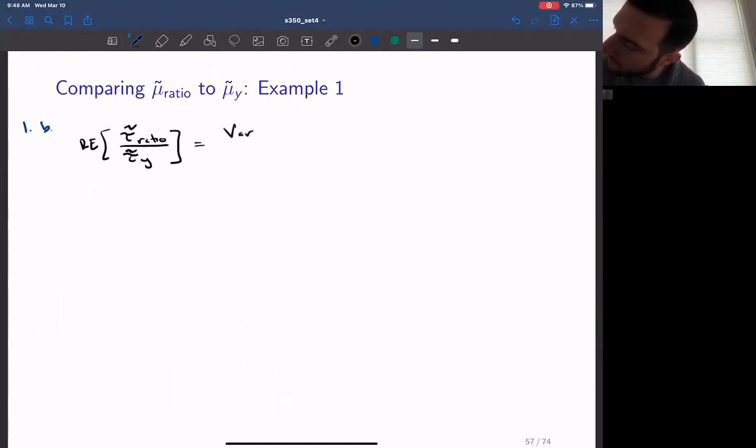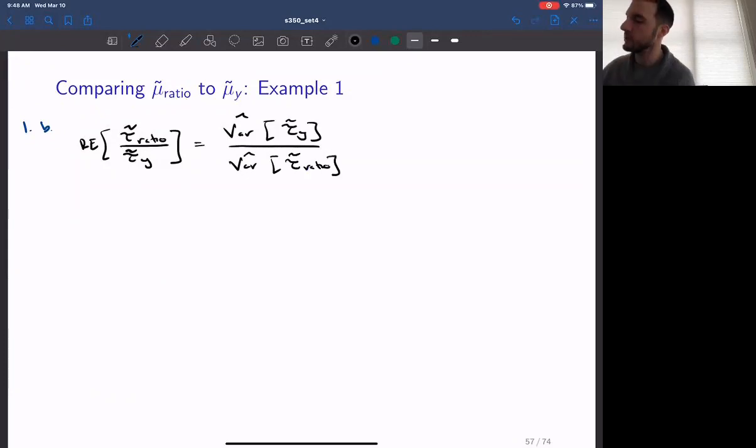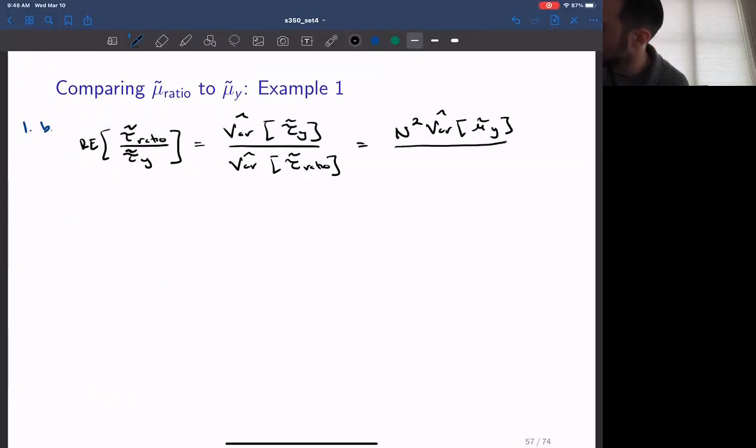So this is going to be the estimate of the variance of tau tilde y divided by the estimate of the variance for tau tilde ratio. Okay, so this is going to be N squared multiplied by the variance of mu tilde y divided by N squared multiplied by the variance of mu tilde ratio.